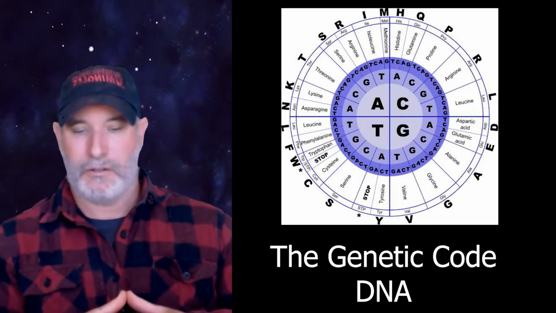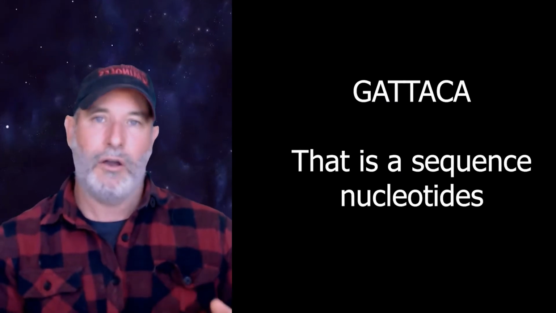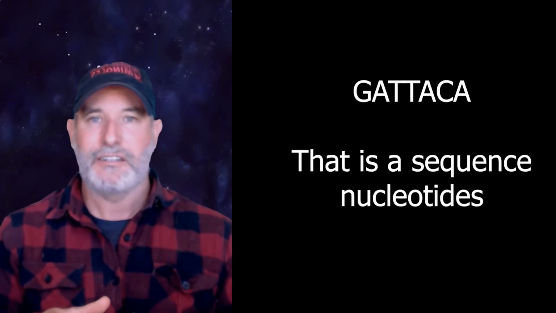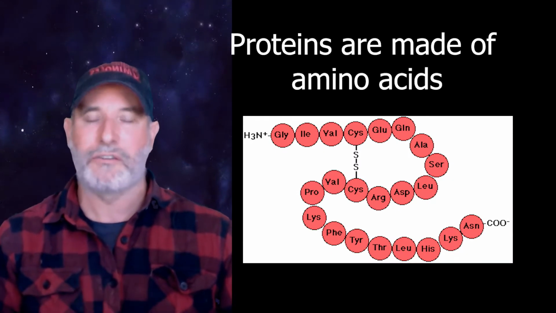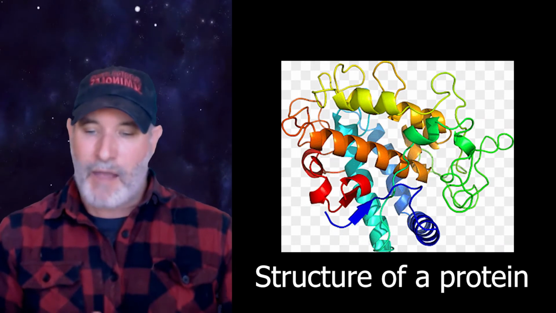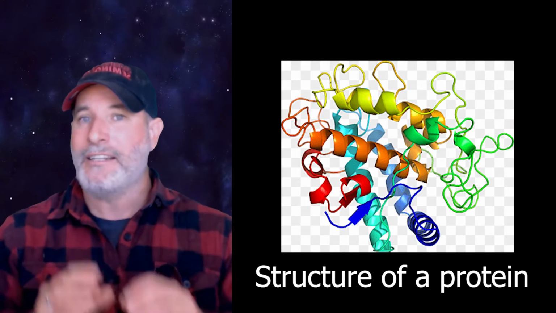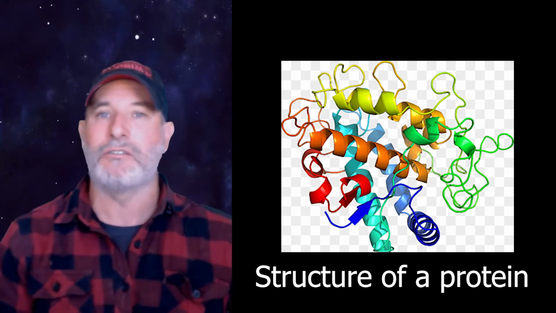The genetic code is a sequence of nucleotides that codes for amino acids. You start to see the connection here, right? Proteins are the workhorses of life. We use proteins for so many different things, and proteins also are enzymes, and enzymes make molecules or break down molecules we need.